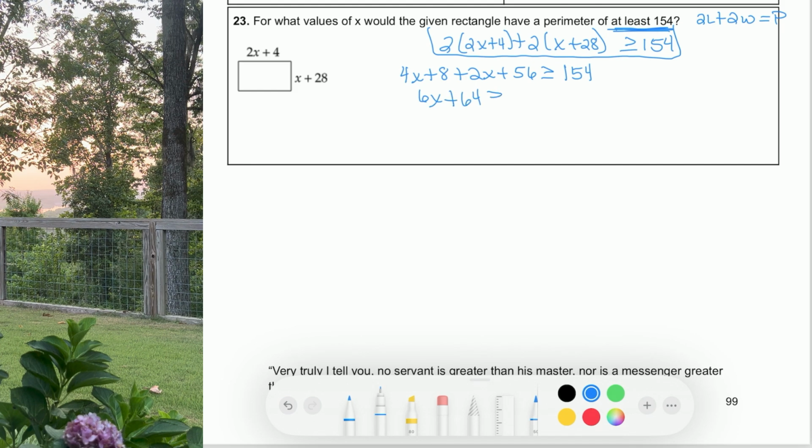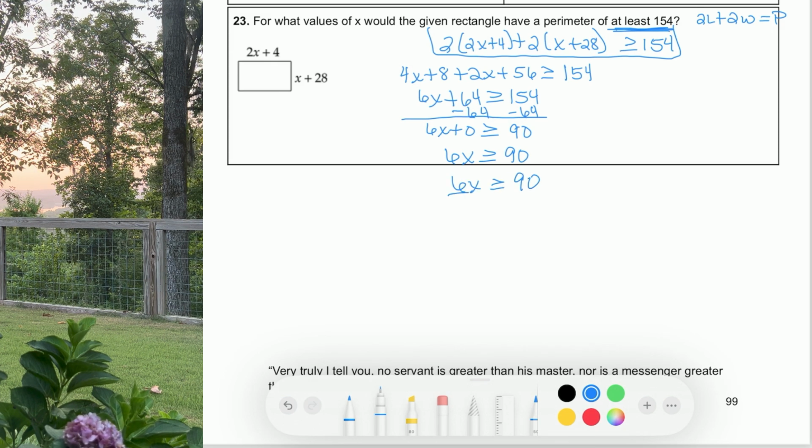And then we have 8 plus 56, so that's plus 64, which is greater than or equal to 154. Now I'm going to subtract the 64 from both sides. That gives me 6x plus 0 is greater than or equal to, let's see, is that 90? Yeah, 90. So 6x is greater than or equal to 90.